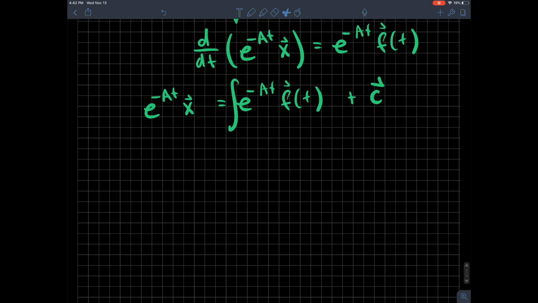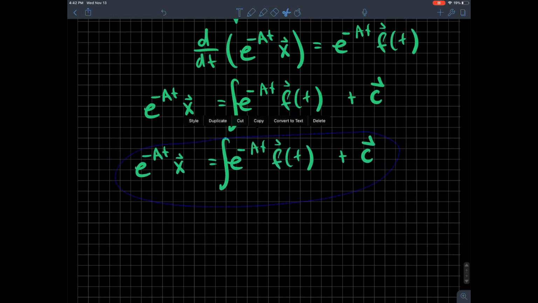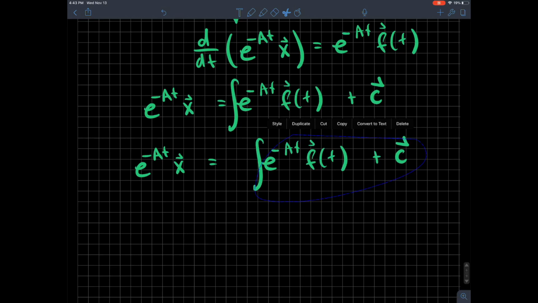Afterwards, we want to solve for x. So we multiply by the inverse of our matrix on the left. And if you do that, you're going to get this here. Some of you guys are interested in knowing why this is the inverse of that there.